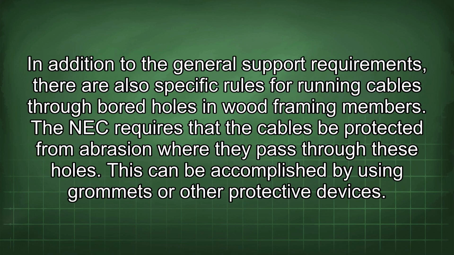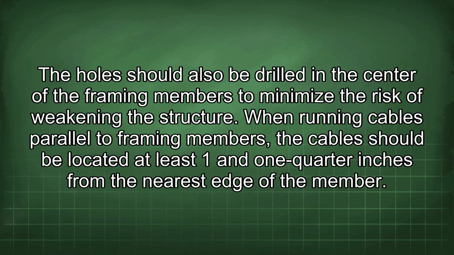In addition to the general support requirements, there are also specific rules for running cables through bored holes in wood framing members. The NEC requires that the cables be protected from abrasion where they pass through these holes. This can be accomplished by using grommets or other protective devices. The holes should also be drilled in the center of the framing members to minimize the risk of weakening the structure.